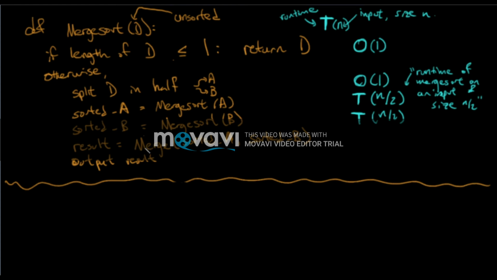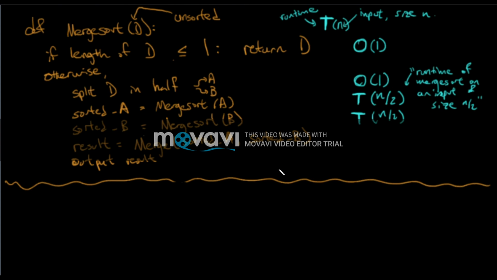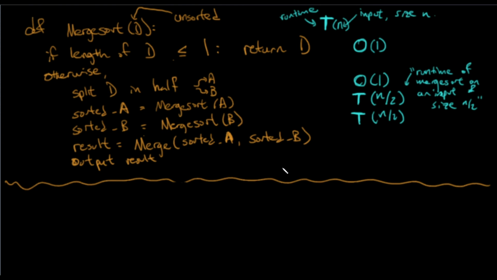And what is the runtime here of merging these two? Recall that when we defined our merge function, we said we would look at the top of each deck of cards, and you would keep taking the smallest element. So we have these two decks of cards, and we keep taking the top one until both are empty.